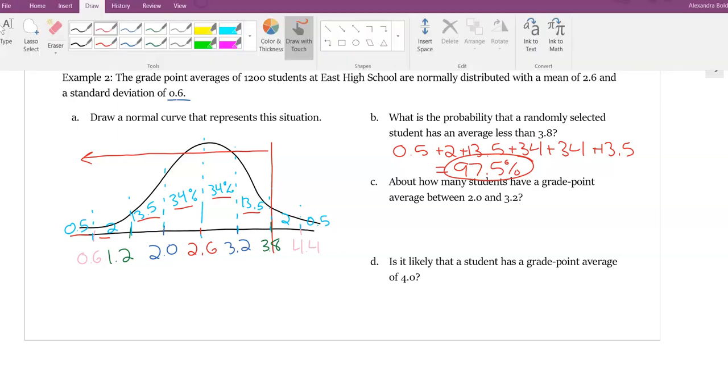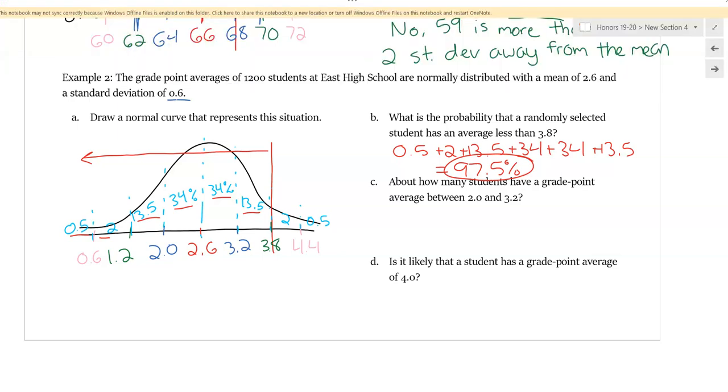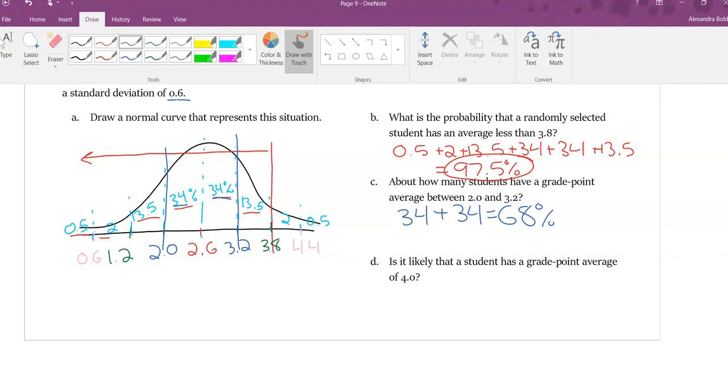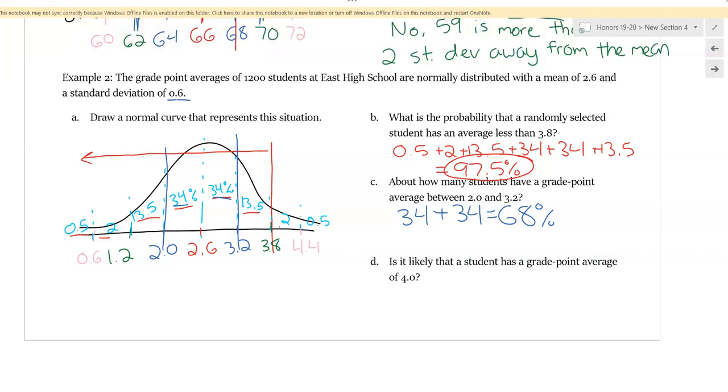About how many students have between a 2.0 and a 3.2? It's just our two 34s. And 34 plus 34 is 68%. Is it likely that a student has a grade point average of 4.0? 4.0 is right here.